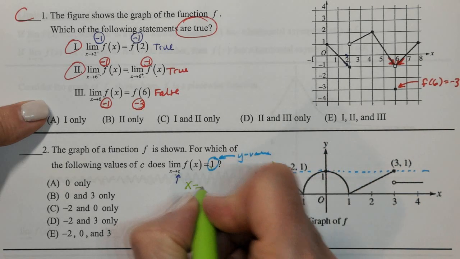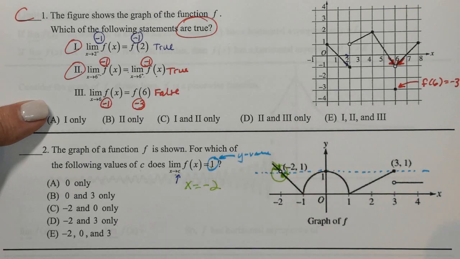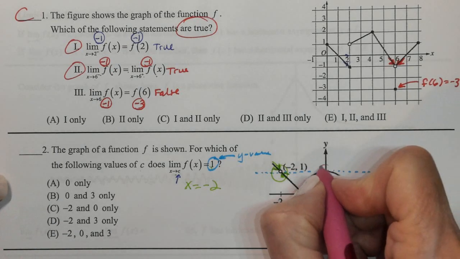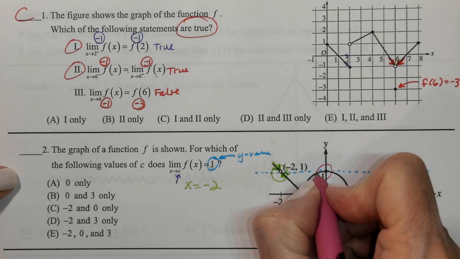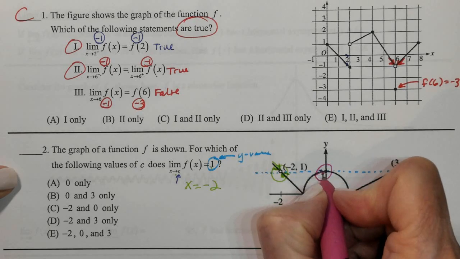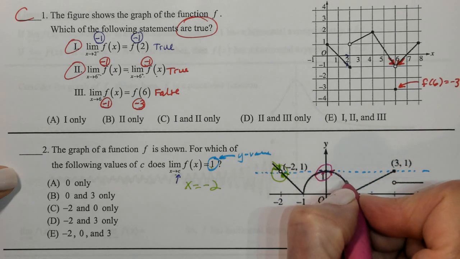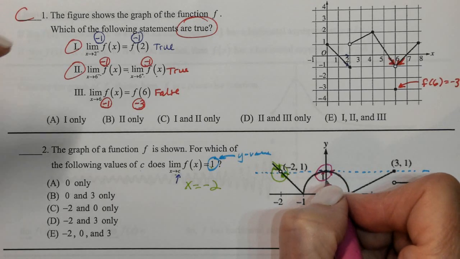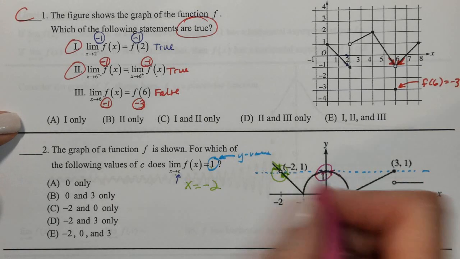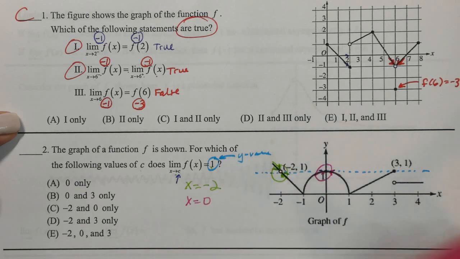So x equals negative 2 is one such value. Okay, what about this one right here? The limit from the left is equal to the limit from the right. Therefore, the overall limit is 1. That is at x is equal to 0.